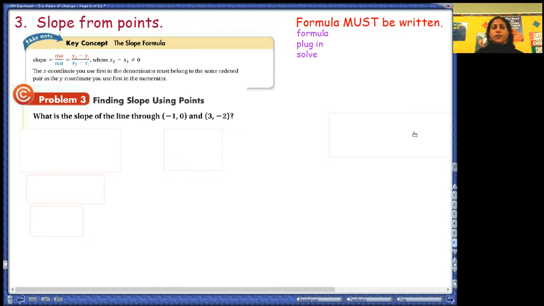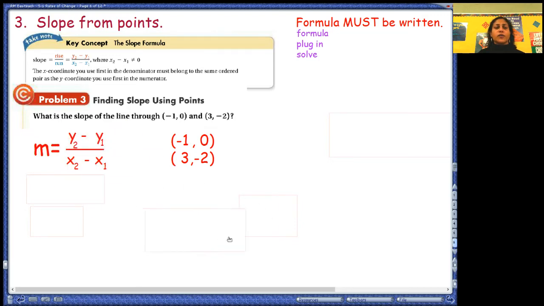Since you're going to be using a formula, you must write the formula, plug in, and then solve. So I like to write my ordered pairs one below the other, and you're going to begin with the formula. And the formula says y2 minus y1 over x2 minus x1. It doesn't matter which one you select as your first point and your second point.